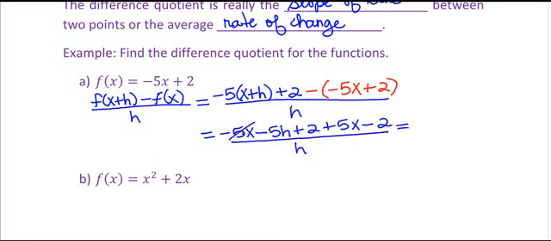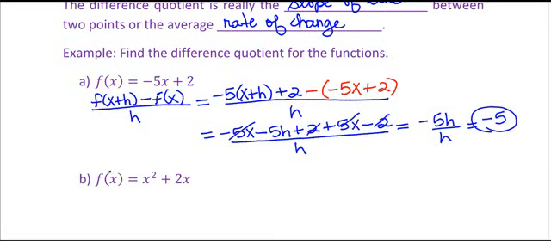Some nice things cancel out, the 5x's and the 2's, and so we're left with negative 5h divided by h, which is negative 5. Well, does anybody remember anything about that? Remember how I said the difference quotient is the slope? Well, remember in an equation y equals mx plus b, the coefficient of x is our slope, so it shouldn't be a surprise that we actually get negative 5 for our answer there.